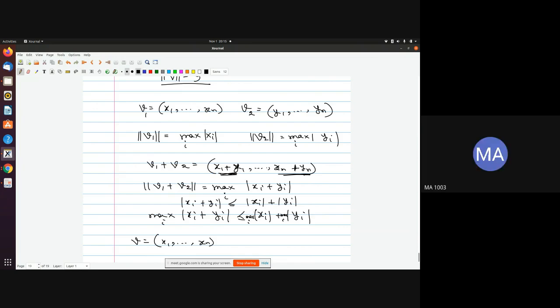This is the basic triangle inequality of numbers. If you have two real numbers, A and B, and you add them, A plus B, and take the mod, that will always be less than or equal to mod A plus mod B. Suppose you have -2 and 3.